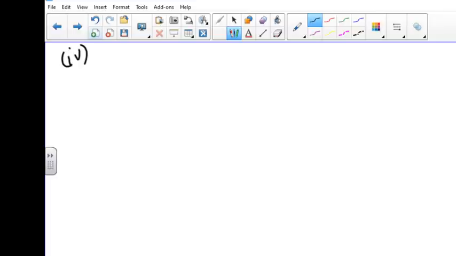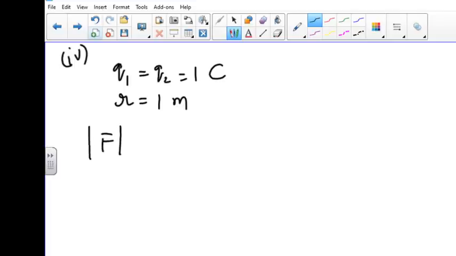And the fourth aspect is, what is the magnitude of the electrostatic force between two charges? Here the magnitude of the two charges is taken as 1 coulomb, and they are separated by a distance of 1 meter. In this case, what is the magnitude of the force between them? It is given by mod F is equal to K q1 q2 by r square.